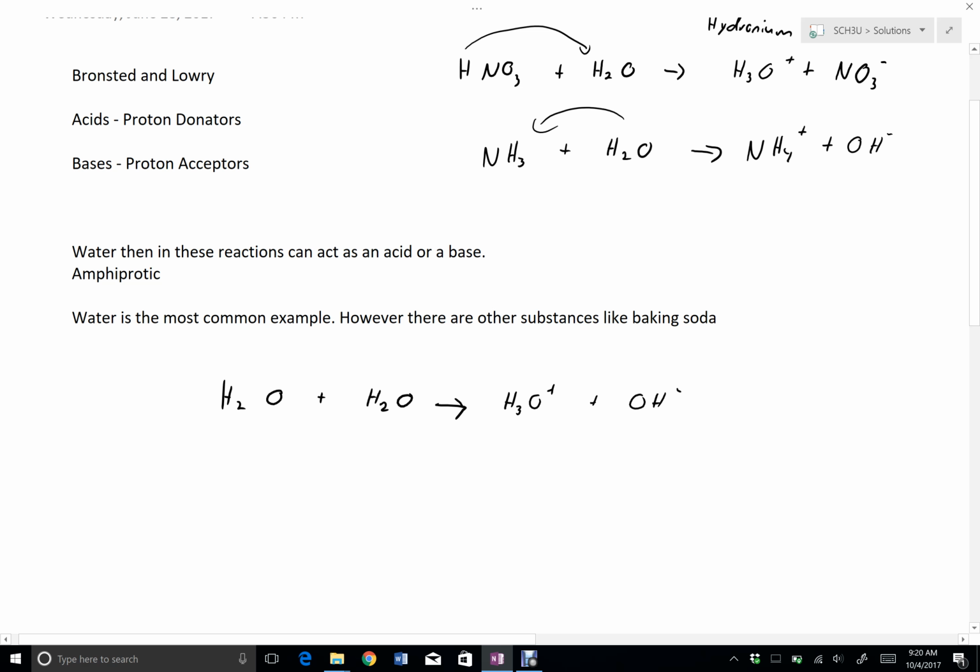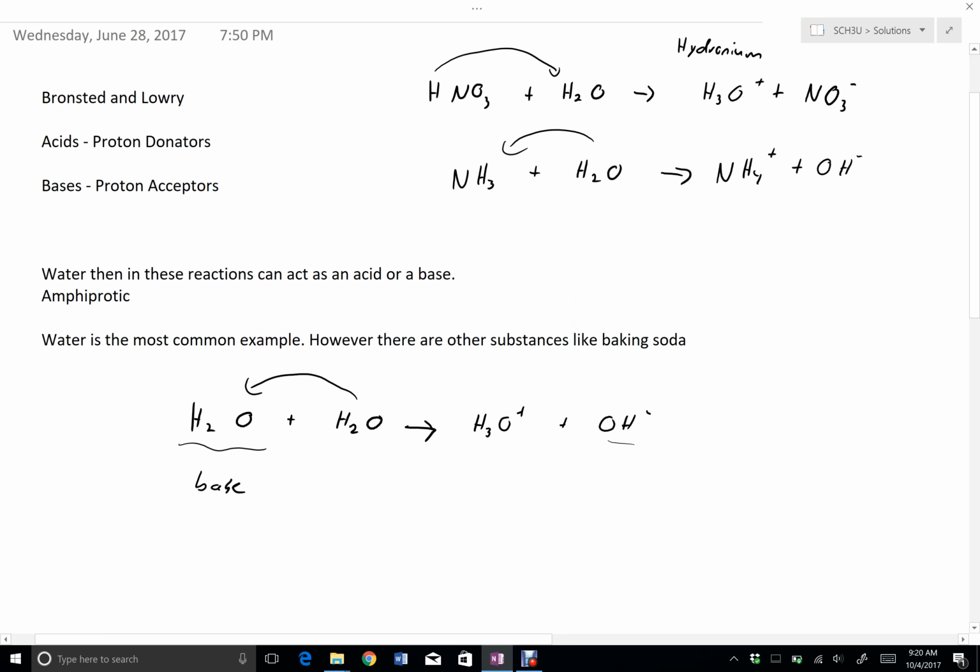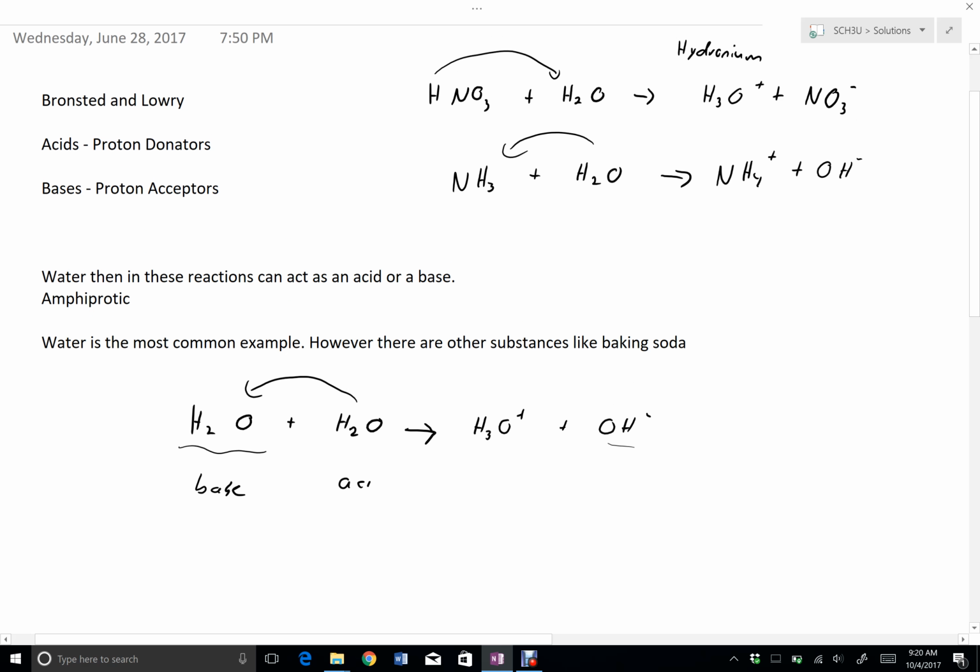In this case, this water is acting as a base where it accepts a hydrogen and becomes hydronium, but it created this hydroxide. Alternatively, this water, who donated its proton, is acting as an acid. So it can react with itself to be an acid and a base to make both hydronium and hydroxide.